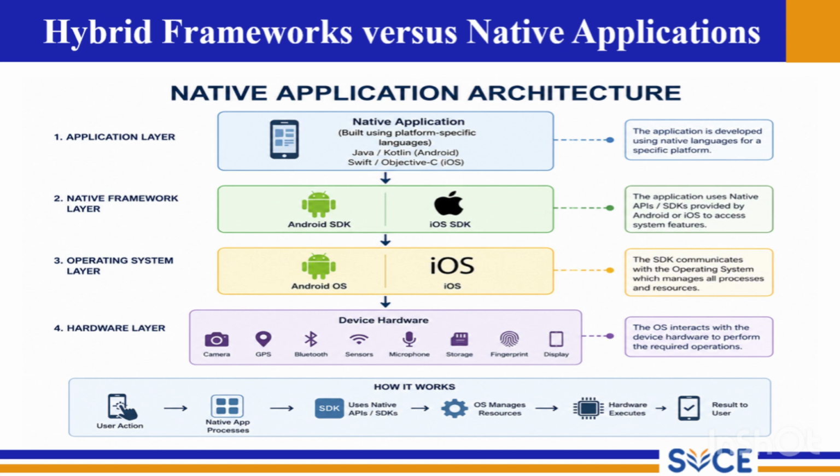Since native applications communicate directly with the operating system through official SDKs, there are no unnecessary intermediate layers. This direct communication reduces processing time and allows the application to perform tasks quickly and efficiently.